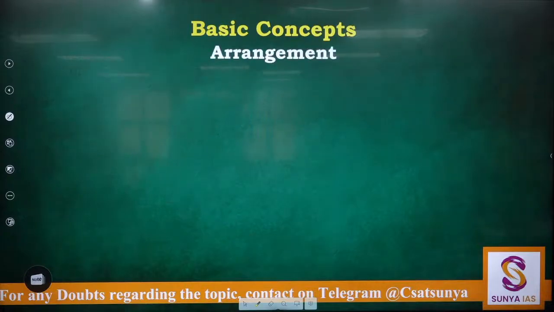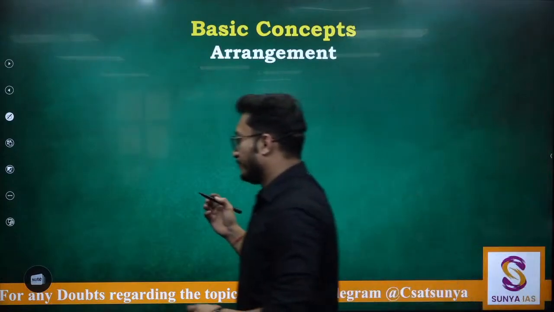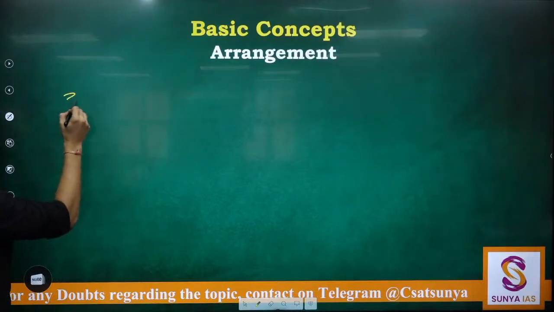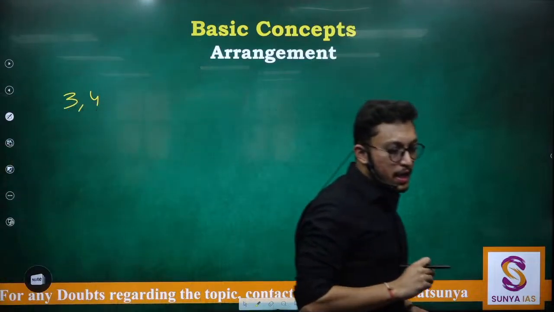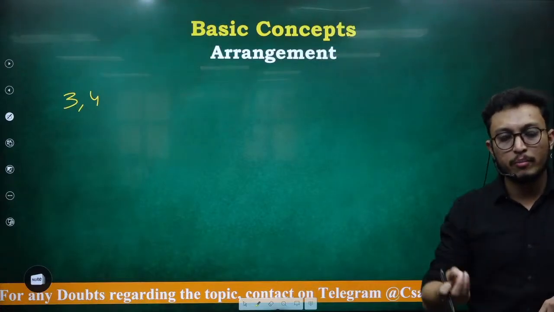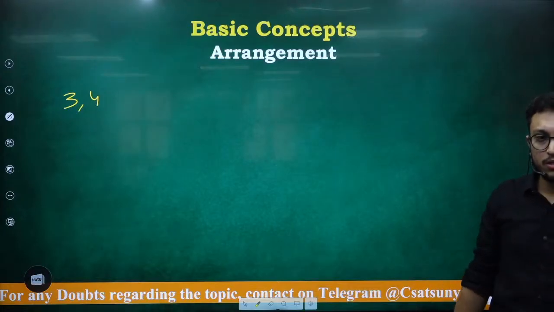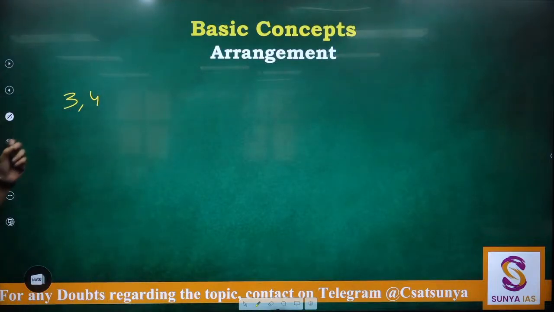Now we'll move to arrangement वाला चीज. Suppose I give you two numbers, 3 and 4. There are two digits given to you, and I'm saying, tell me how many 2-digit numbers you can make using these 2 digits. 2 या 4? फिर से.